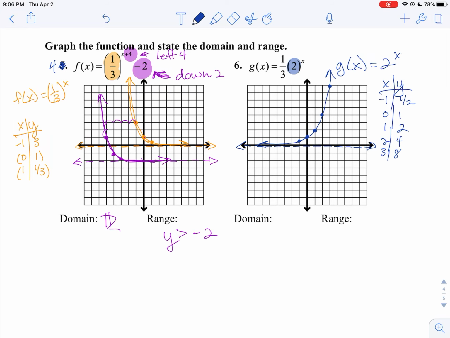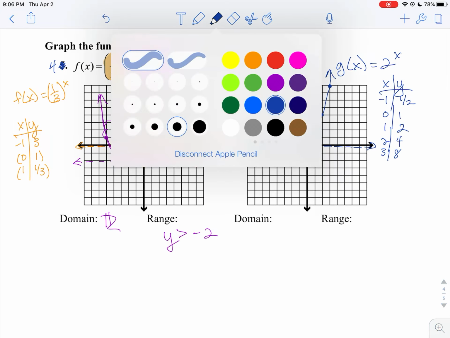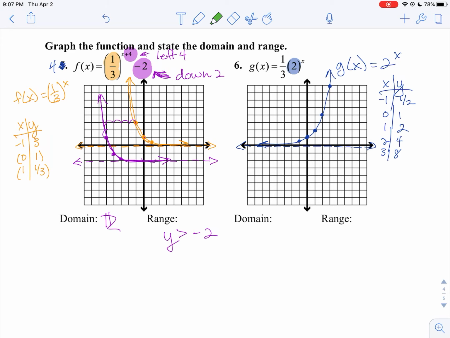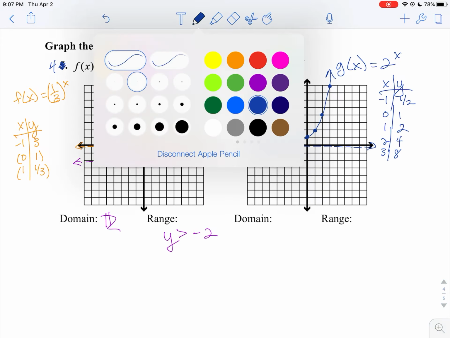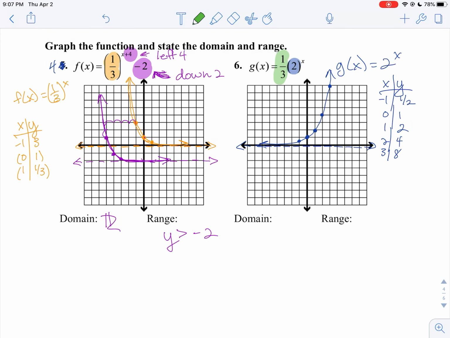Okay, but we really don't have that equation. We have this equation with the 1/3 in it. So what is that 1/3 going to do to my graph? Yep, that's going to be a vertical shrink by a factor of 1/3. So this point that was at negative 1, 1/2 is only going to be 1/3 as tall. So 1/3 of 1/2 is 1/6. That's going to be really hard for me to graph right there.